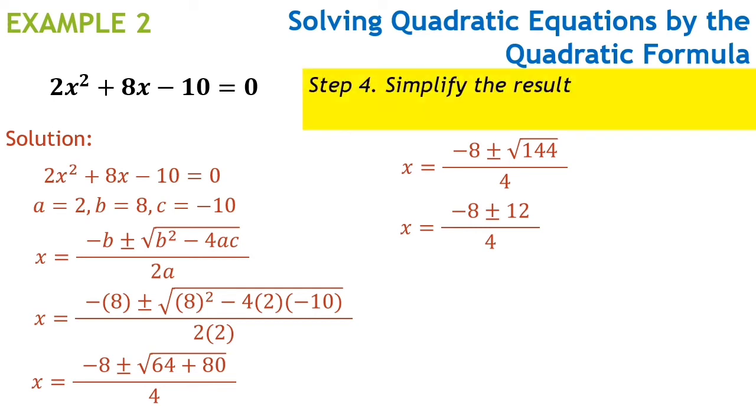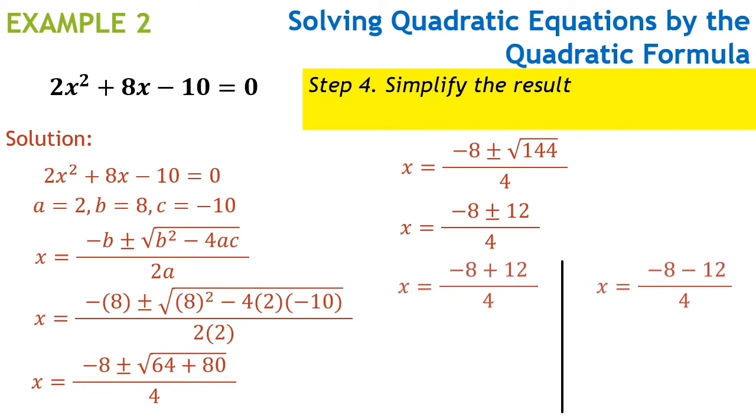Step number 4 is to simplify the result. To do this, we will separate the plus from minus sign. So this equation will become x equals negative 8 plus 12 all over 4 and x equals negative 8 minus 12 all over 4.